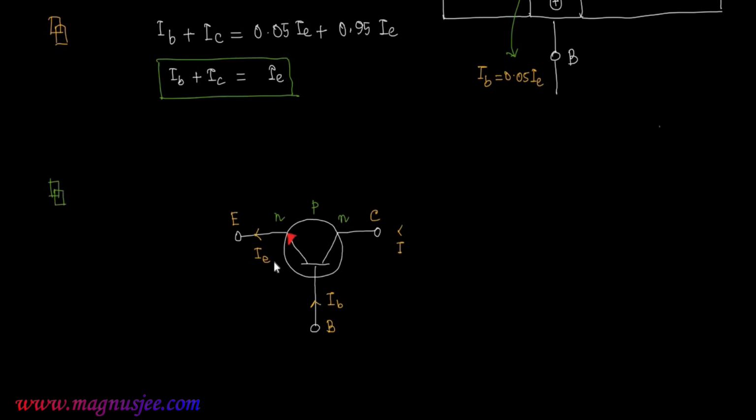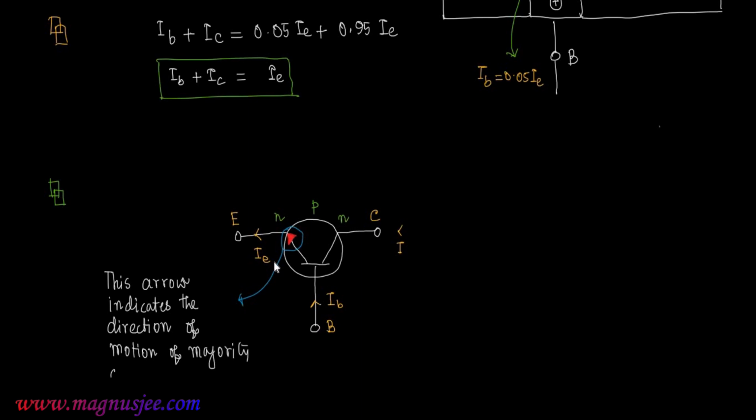There is an arrow on the emitter element, and this arrow indicates the direction of motion of majority charge carriers in the emitter, or the direction of emitter current.